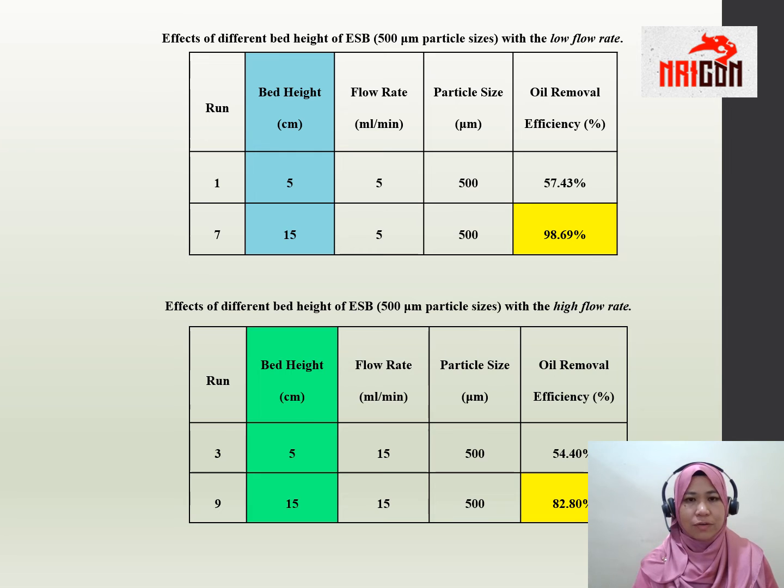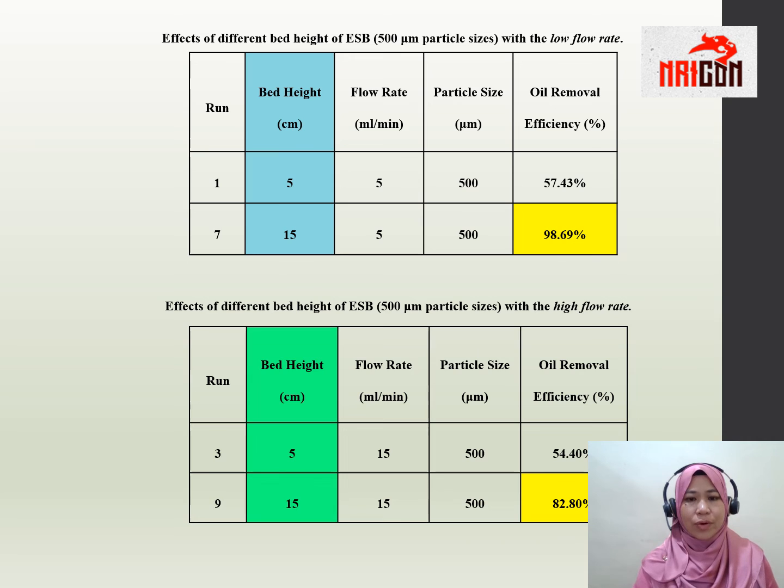The table shows the effect of different bed height of esterified sago bark with the low flow rate and high flow rate. At run number 7, bed height of 15 centimeter showed the highest oil removal efficiency, which is 98.69%.